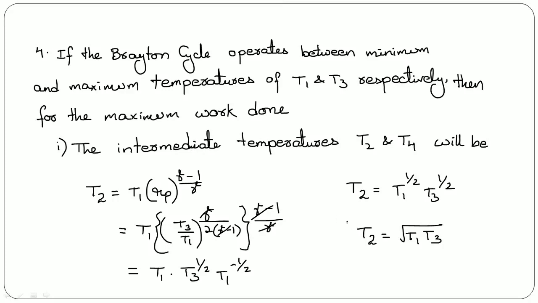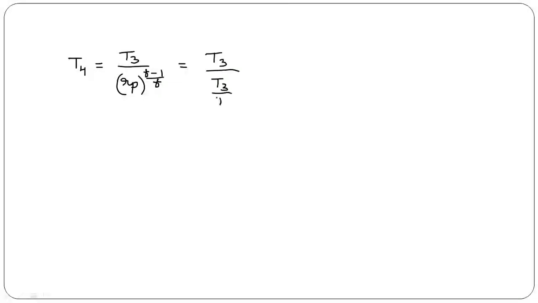Now we got T2 value. Similarly, let us see what is T4. So T4 is equal to T3 by Rp to the power gamma minus 1 by gamma. So we can write this as T3 by T1 whole to the power gamma by 2 into gamma minus 1 whole power gamma minus 1 by gamma.